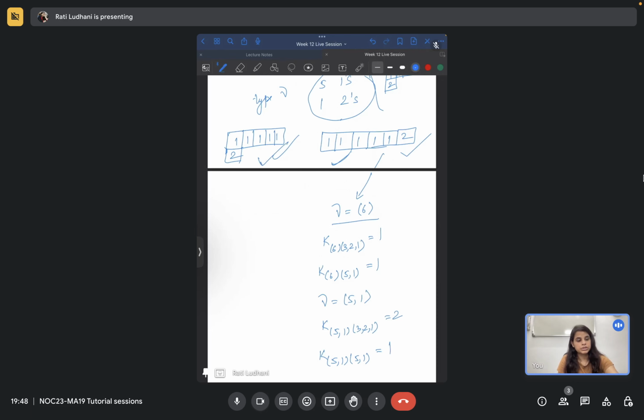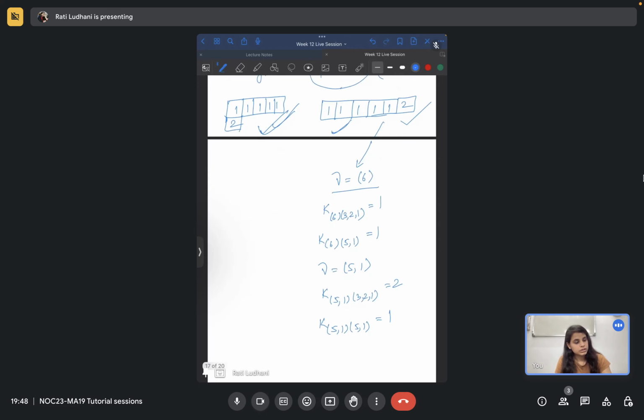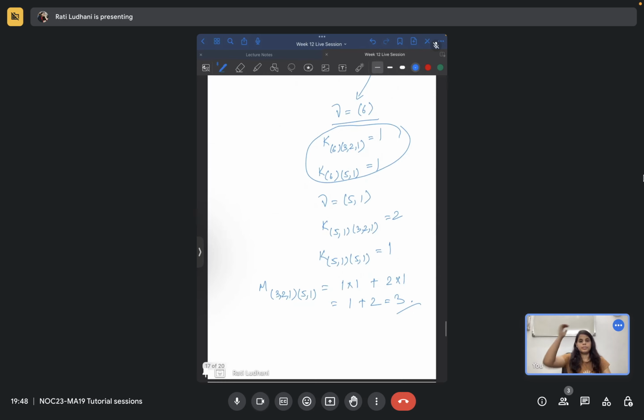There is just one option here. So in m lambda, I'll write m of 3 2 1 comma 5 1: you are getting 1 into 1 plus 2 into 1, so this is 1 plus 2, that is 3, so you're getting 3 from here.